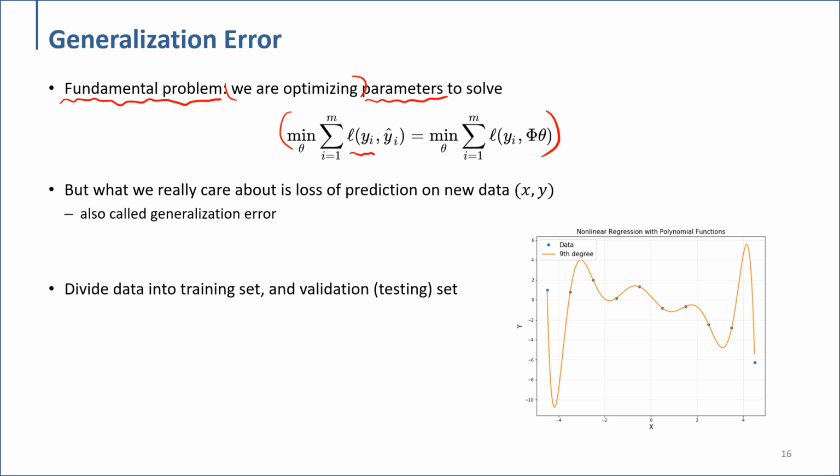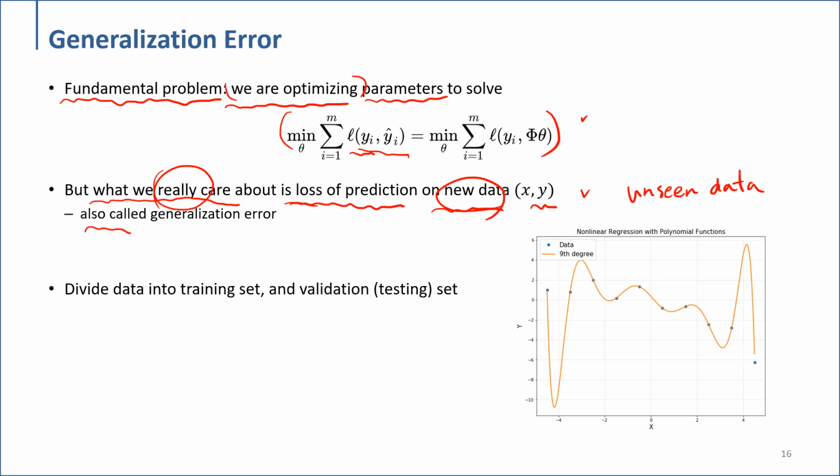But our real objective is actually finding a proper model and minimizing the loss of prediction on new data of x and y. So this is also known as the generalization error. Do you know the difference between this one and this one? What we have done is actually optimizing parameters to minimize this problem, but our real objective is actually reducing the error for the new or unseen data.